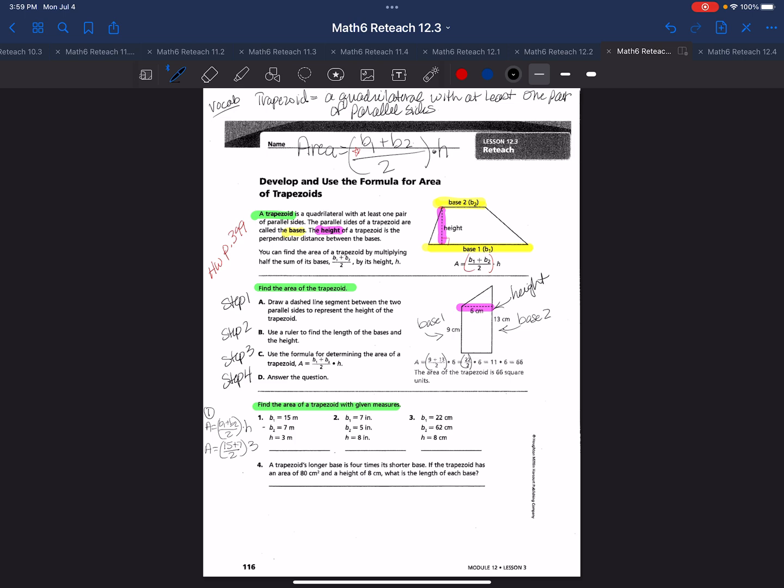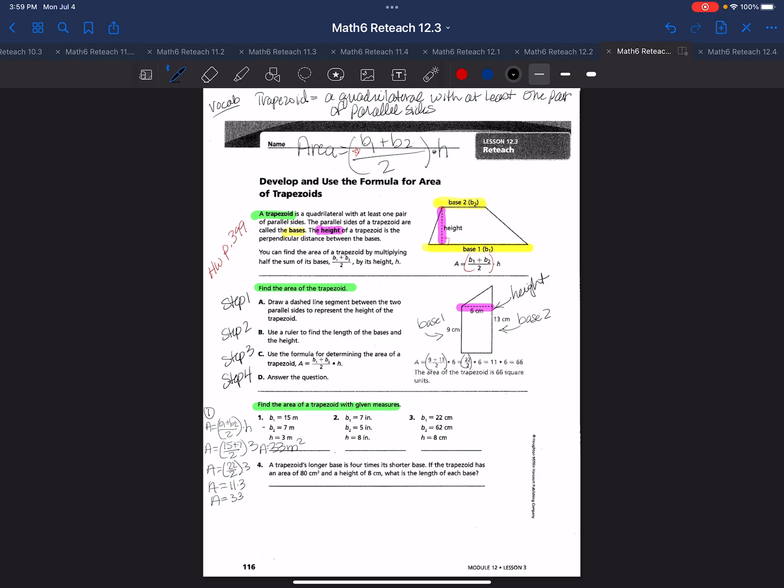So 15 plus 7 is 22 divided by 2 times 3. 22 divided by 2 is 11 times 3. 11 times 3 is 33. So we would get 33 meters squared for the area of the trapezoid.